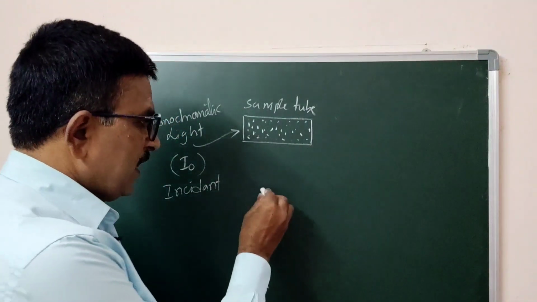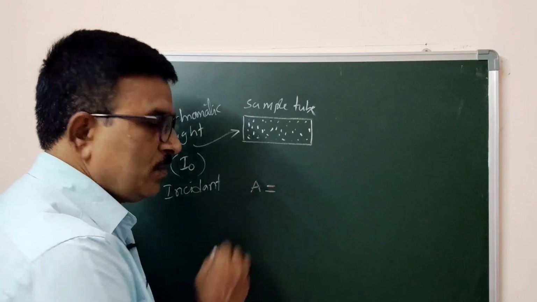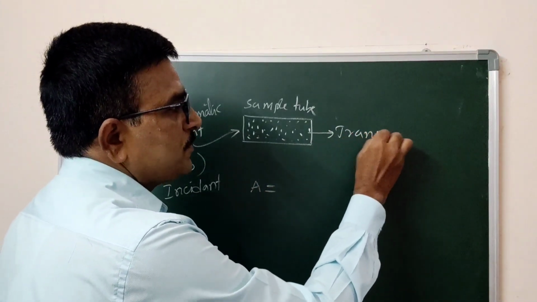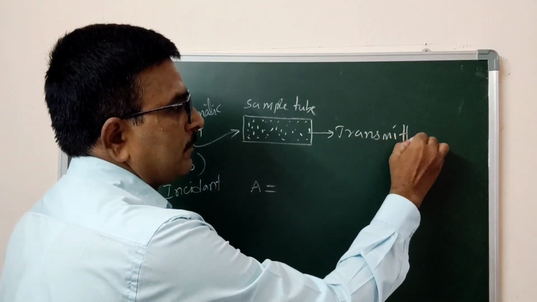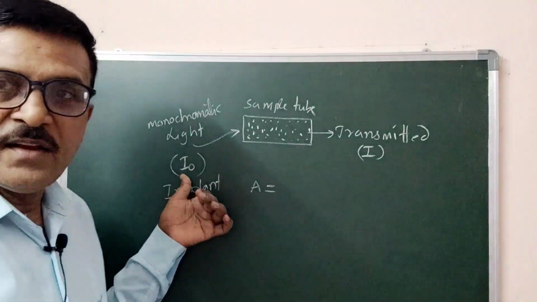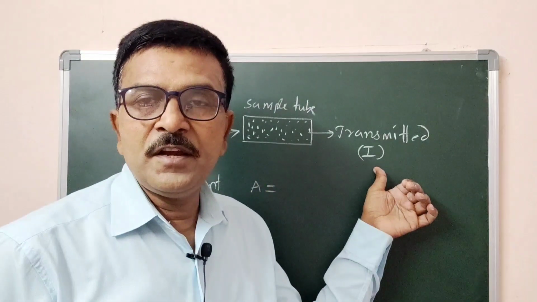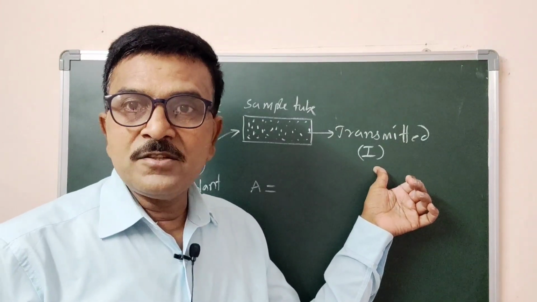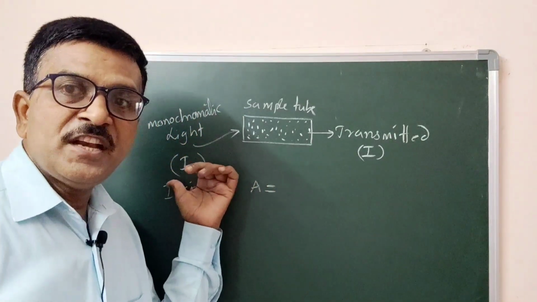They summarized it as A is equal to, now here we get transmitted light. The incident is I0, this is transmitted I, where the frequency is less for the transmitted light when compared with the incident.